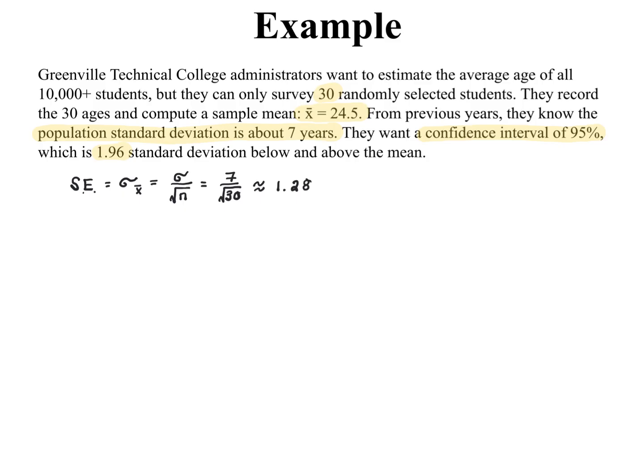So for a 95% confidence interval, what we want to do is imagine here's my normally distributed sampling distribution of sample means. And here's our center. And I'm going to put a 0 for our z-score.